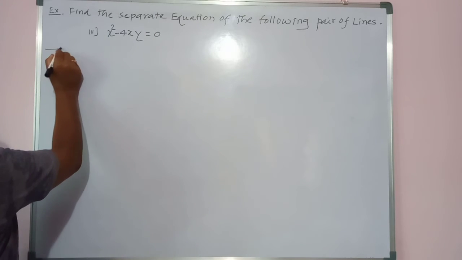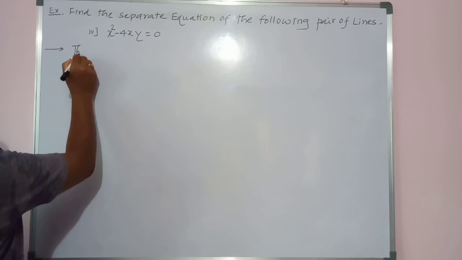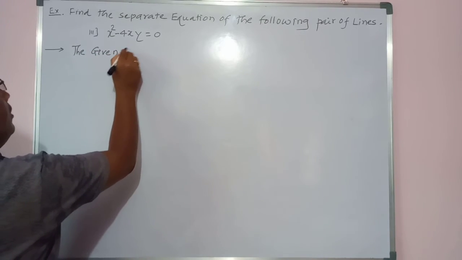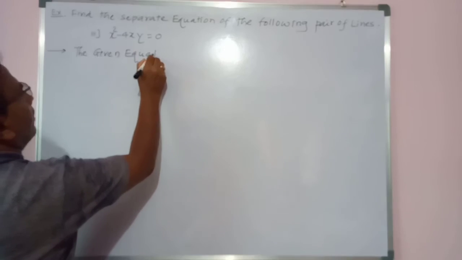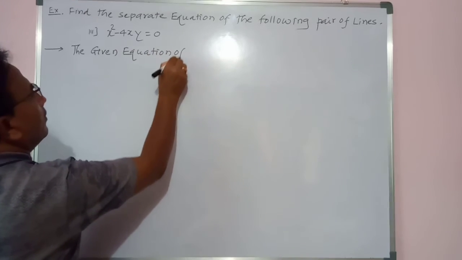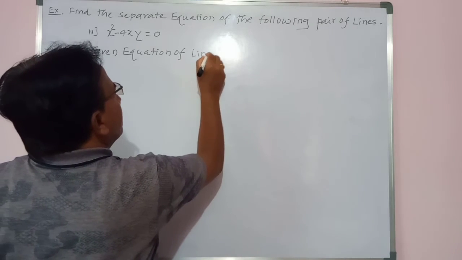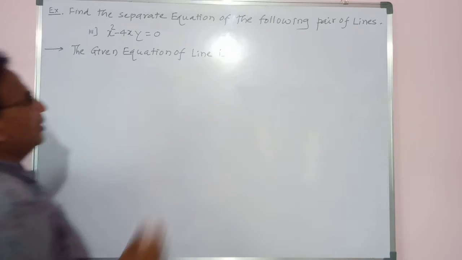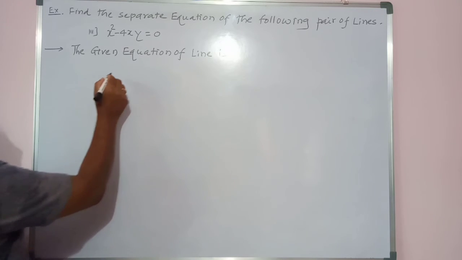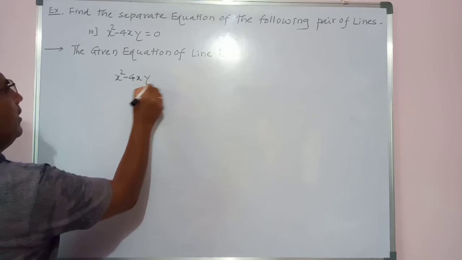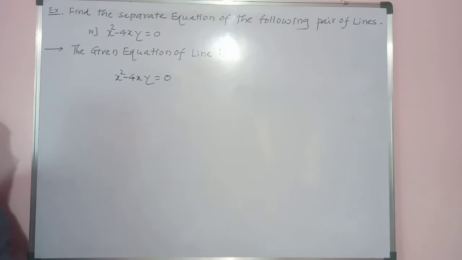Therefore, the given equation of lines is x² − 4xy = 0.